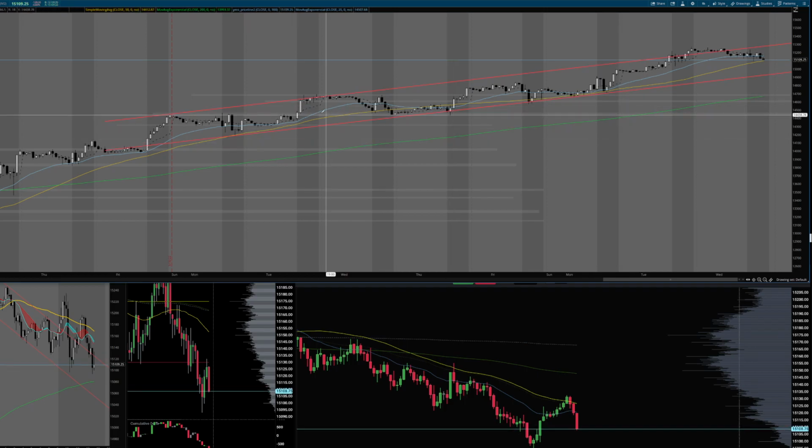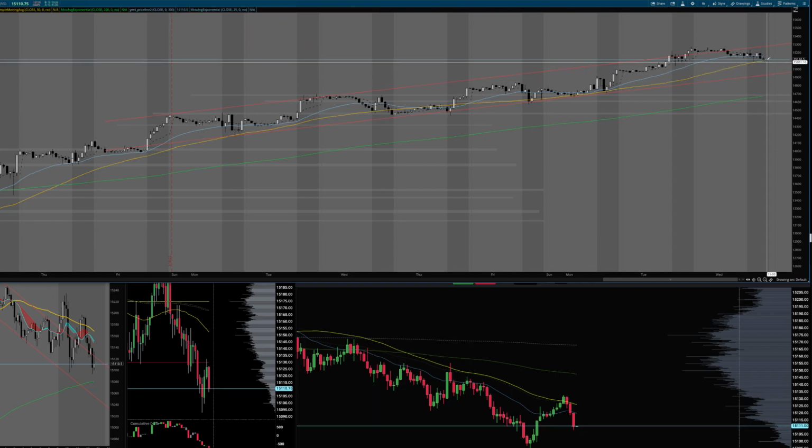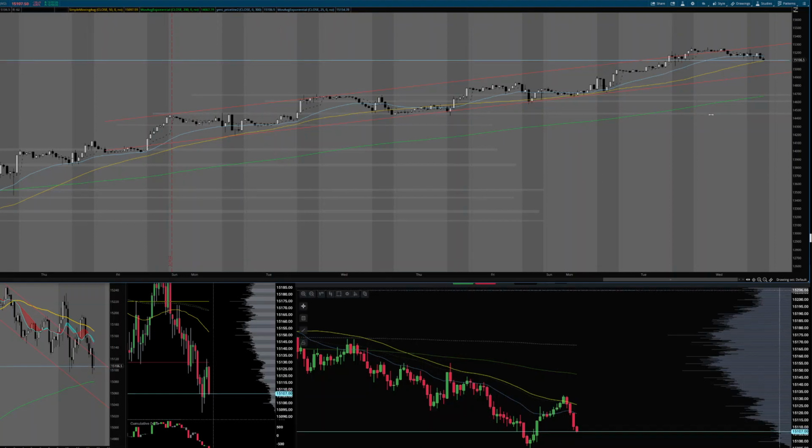On the 1 hour, we are still on the uptrend. Now we are on that 50 line. Today is March 30th, Wednesday, and we were looking at this price action Monday.